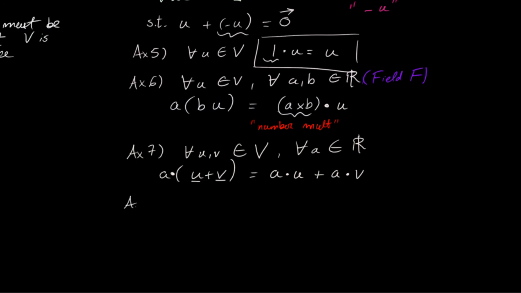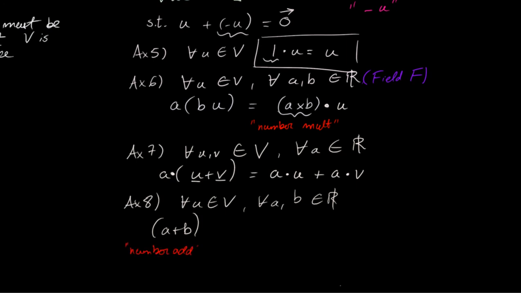And then my last axiom, which is axiom 8, says that for all u belonging to V, and for all scalars a and b belonging to the real numbers, a plus b, in other words the number addition, scalar multiplied, so I'll do a dot for my scalar multiply u, is the same thing as doing a scalar multiply u plus b scalar multiply u.